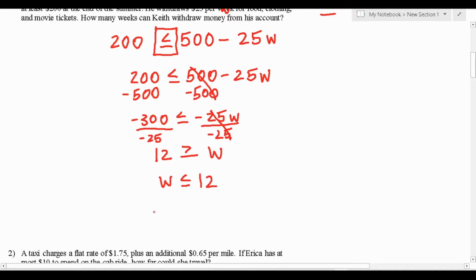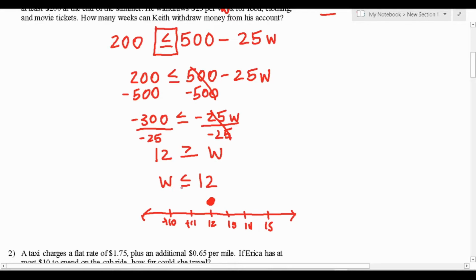And if we were to put that on a number line, that would look like this. Let's put 12 right here. I don't know why I put negatives there. Those are positive. Sorry about that. Again, w is less than or equal to 12, so we're going to put a closed circle above 12.